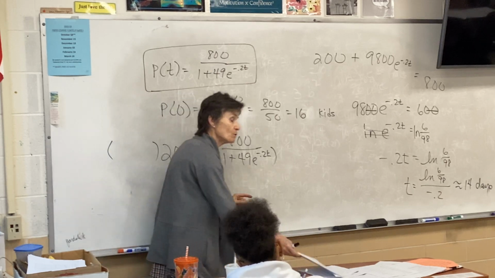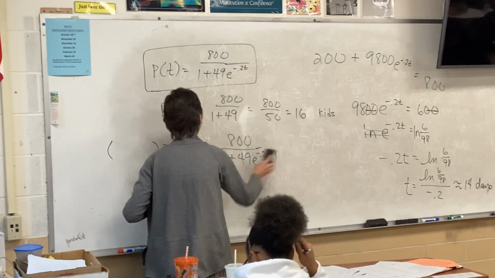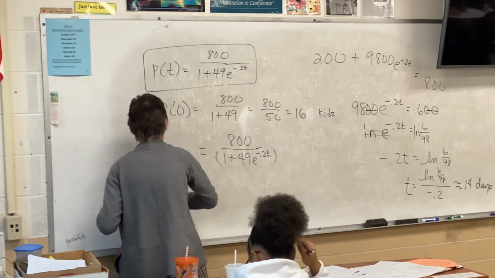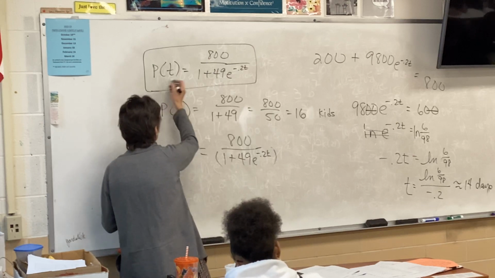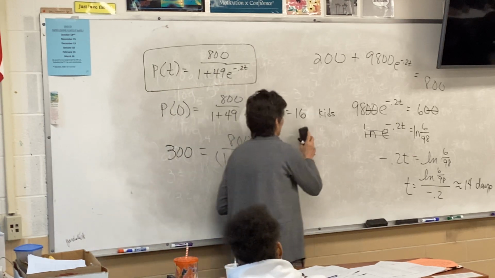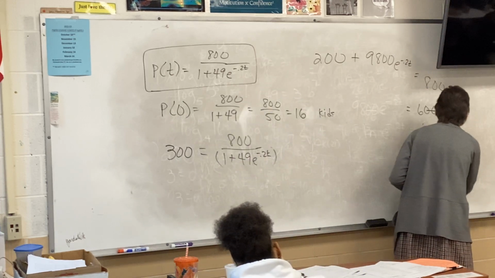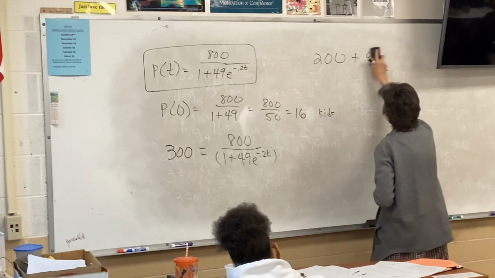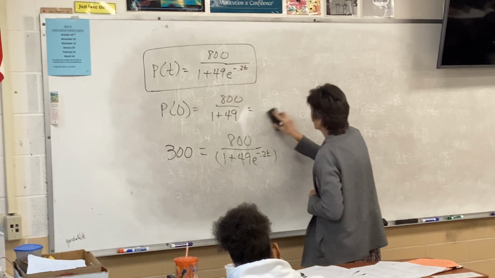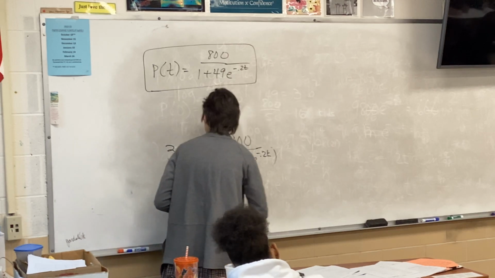All right, so see if you can go through those steps that we just went through, but you want your population now to be 300. Let's see if we can work through that on our own or with our partner. See if we can come up with the answer.